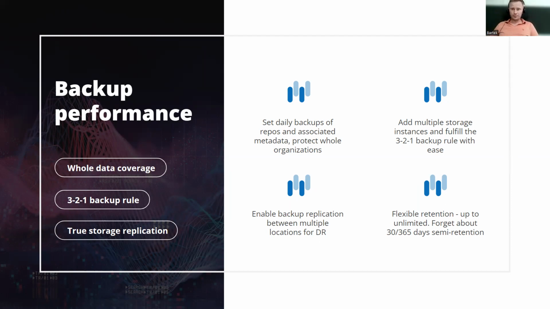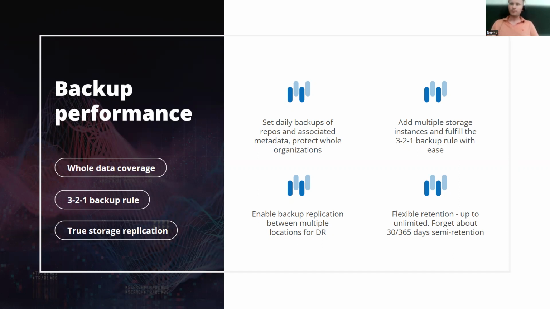So even in the worst case scenario, where your entire organization is affected by ransomware or a similar threat, one of your copies, for example one of your storages, will not be connected or related to your main environment. So you will still be able to recover your data from a different location.